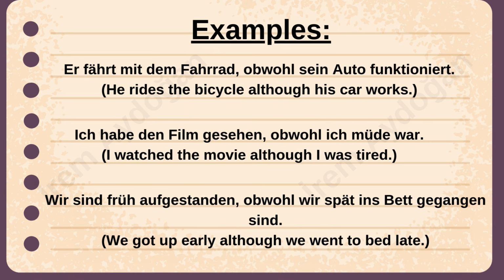My auxiliary verb here is sind, and it means in English, we got up early, although we went to bed late. If you are careful about the order of the sentences, you will never have any problem with the Nebensätze and obwohl.